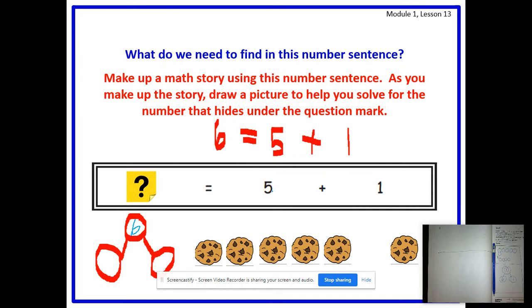And what are my parts? Get ready. 5 and 1. 5 and 1. I write, you write. So make sure that you have your number sentence and your number bond next to the picture you drew. Just like me, I have my picture of cookies, my number sentence, and my number bond. Now let's continue.